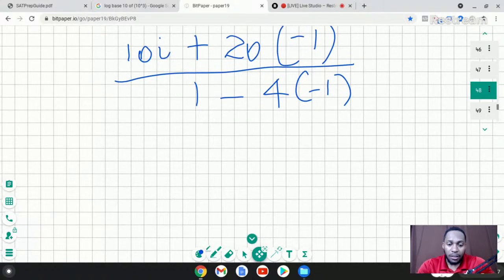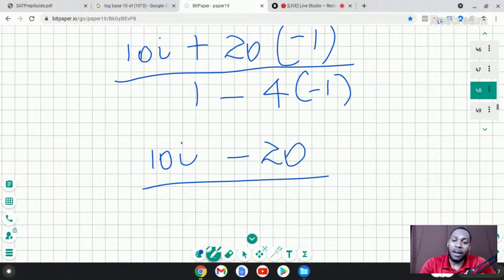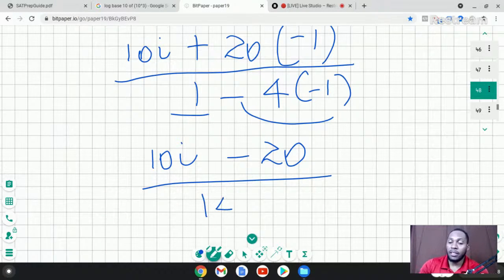Now let's continue. So 10i minus 20 divided by 1, -4 times -1 is what? +4. So 1 plus 4. I'm going to do it in steps so I don't lose you guys.